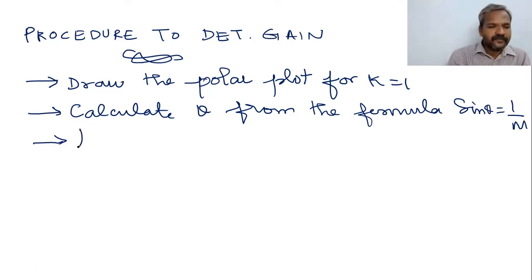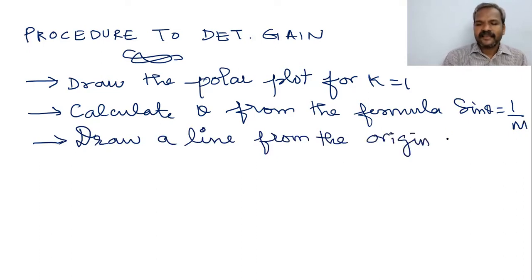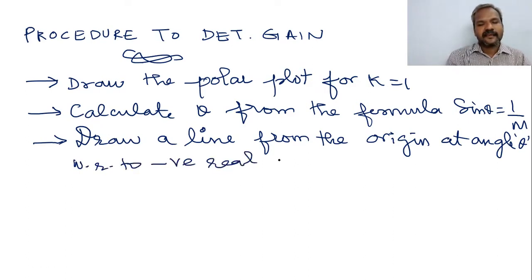Understand? Look step by step. Draw a line from the origin at angle theta with respect to the negative real axis. Next, the third step is to draw a circle.